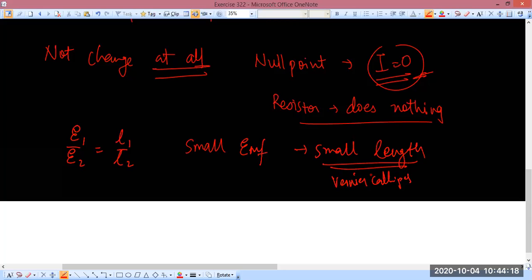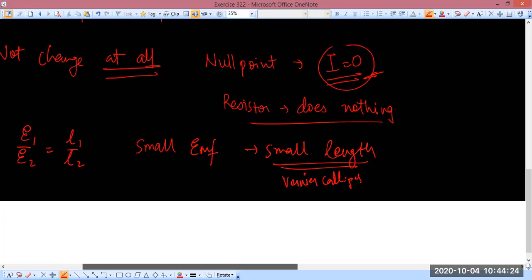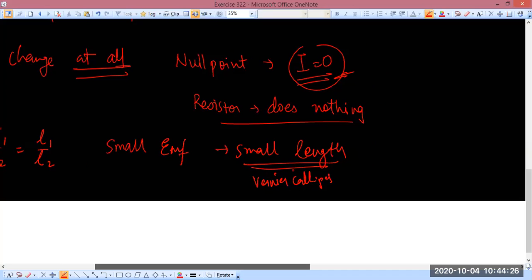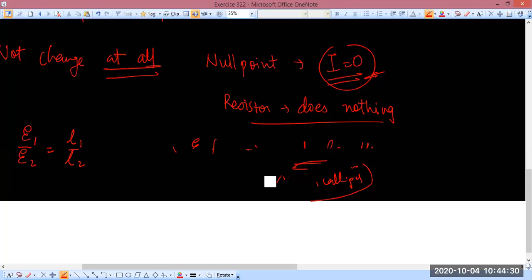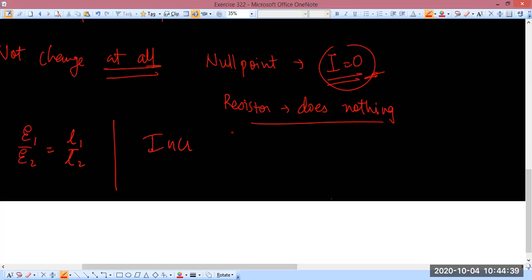A rather simple way to do this is, instead of using things like a vernier caliper, we can increase the length of the wire.